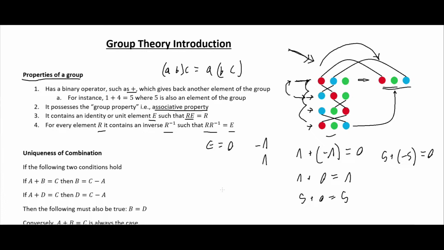One other thing I wanted to point out before moving on is that in group theory, you often see the group operation as just putting your two elements together like this, which would then give you something C. This is one of those things where in group theory, you use notation that means something else in other situations. In a regular algebra class, usually when you put two things together like this, it is a multiplication.